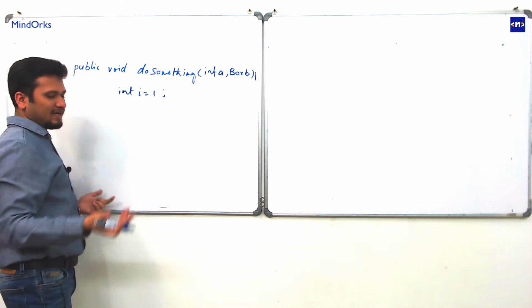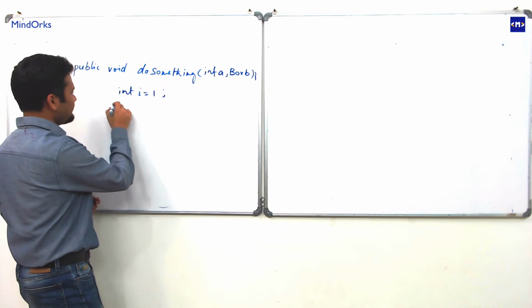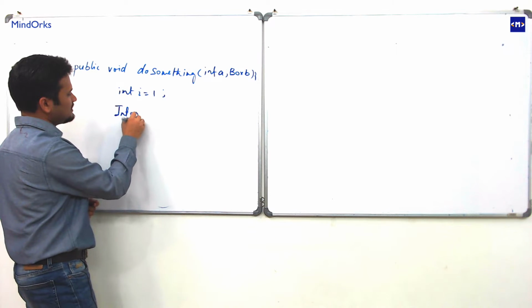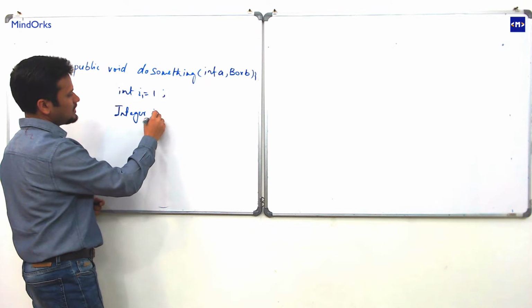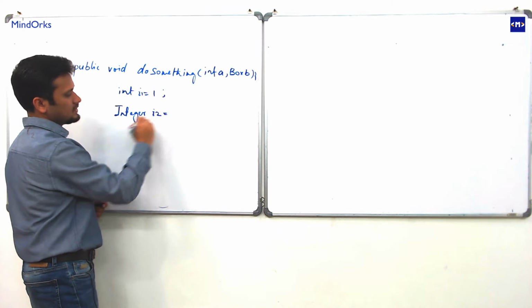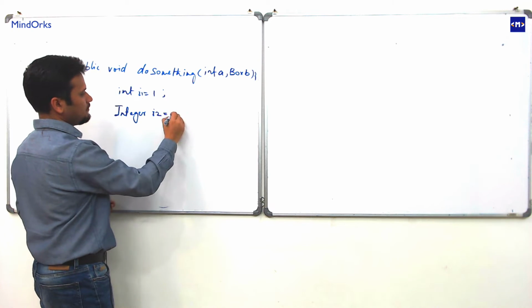Why am I doing that? Just for example. Now we have integer I1, this is I2, this is for example 5.